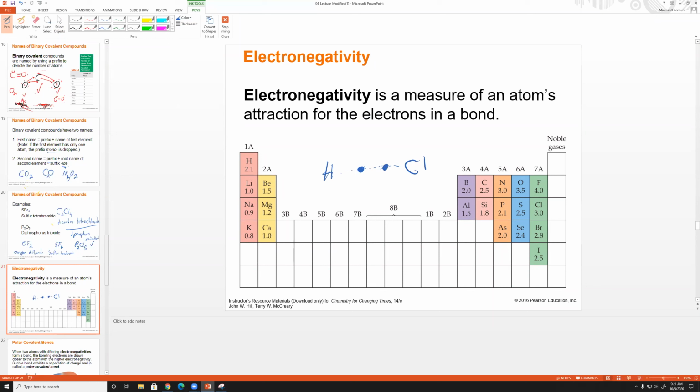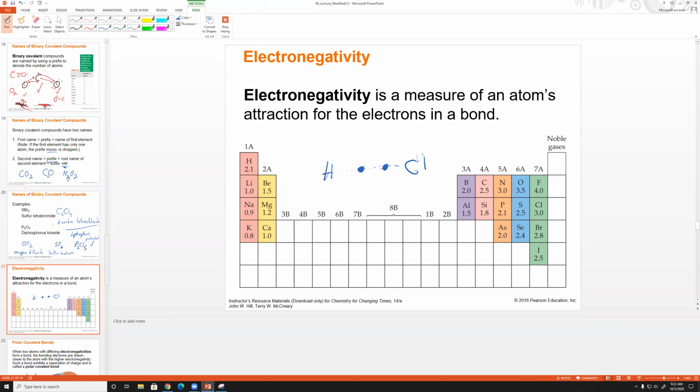But electronegativity, we didn't talk about that yet. That means it's the measure of an atom's attraction for electrons in a bond. Based on these numbers, we don't have to memorize them at all. You can tell which element likes to have electrons more in a covalent bond.